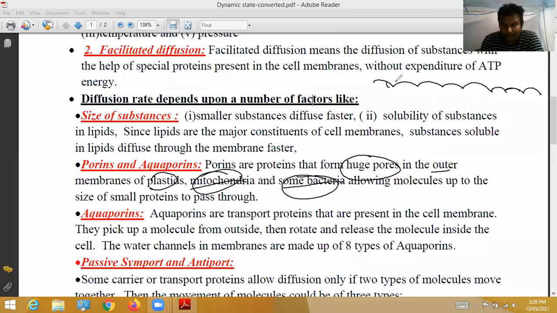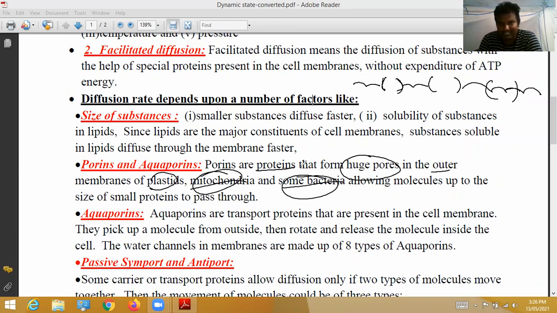One huge pore, a huge hole, will be there. Like this way, huge holes will be there. These are called porins.